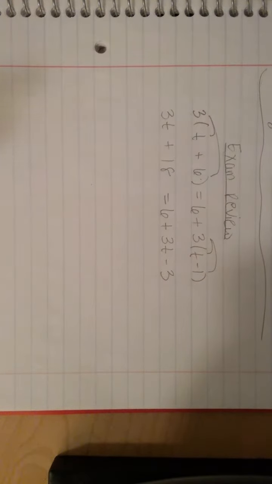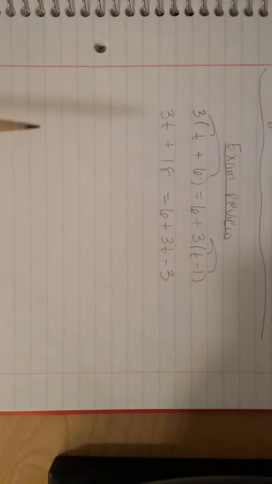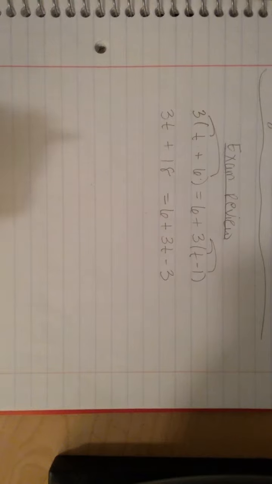3 times t gives me 3t, 3 times 6 gives me 18. Bring down the 6. 3 times t gives me 3t. 3 times negative 1 gives me negative 3. Now we're going to combine like terms on each side of the equal sign. Here we do not have like terms.